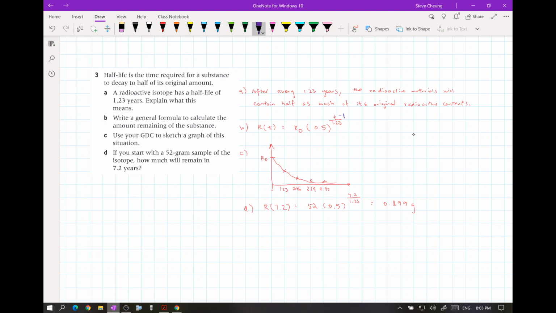I was wrong. Sorry. I need to go back and fix this. The reason is it only starts decaying after the first year. So if I put t over 1.23, when t equals 0, wait, what?